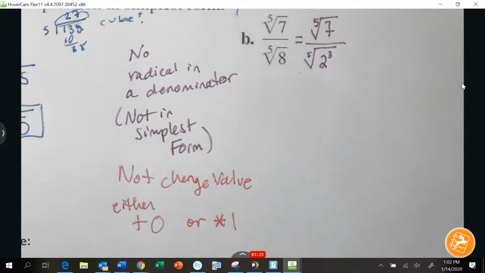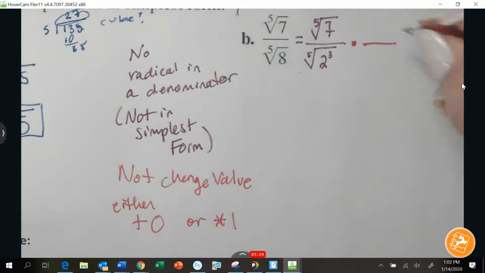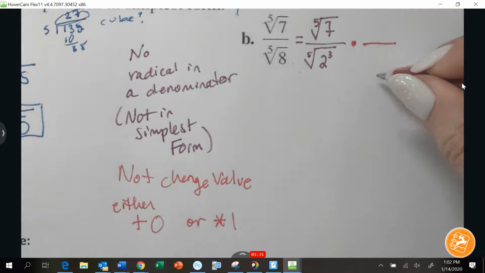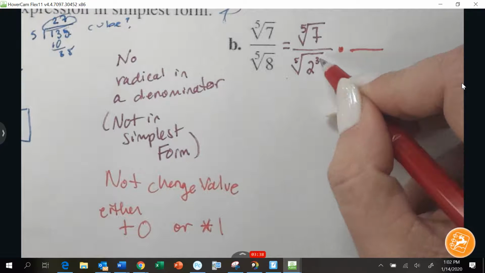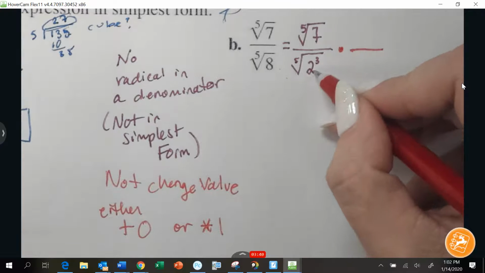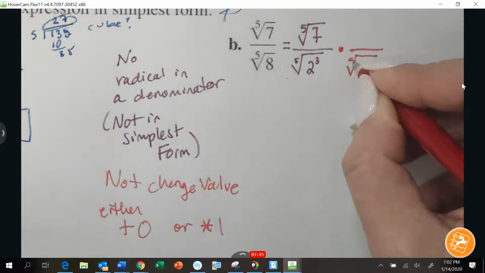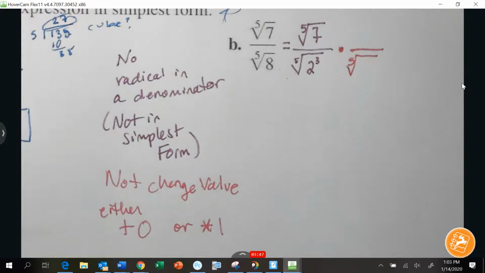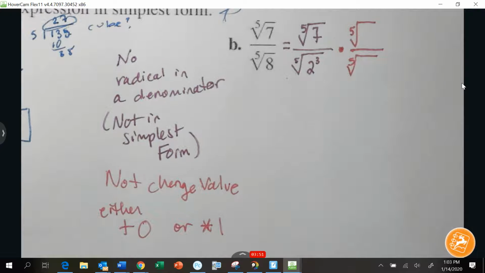I'm going to multiply by 1, but it's wearing a disguise. It's not going to look like 1, but it's going to have a value of 1. Okay, so I'm going to multiply by a fraction that has the same thing on the top and on the bottom. My fraction has to be able to multiply and change the appearance of this one on the bottom. And in order to actually multiply these together, it has to be a 5th root of some sort. So if I have a 5th root that I'm multiplying by on the bottom, then on the top I'm also multiplying by a 5th root.